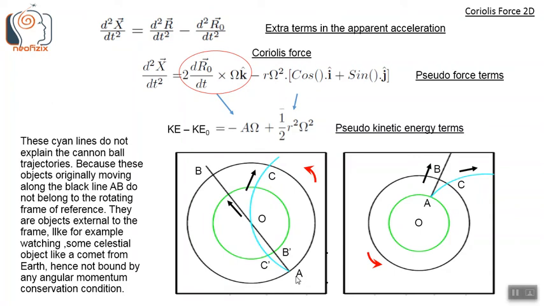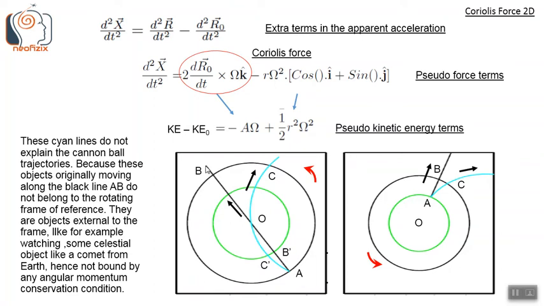It is at rest with respect to the inertial frame, both A and B. So by the time the object reaches the fixed point B from A, the moving point C, which is part of the rotating frame and is rotating around this circle, will also reach point B. That is, point B is the meeting point.